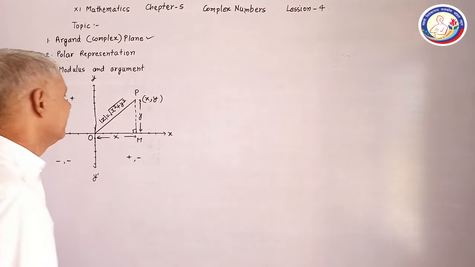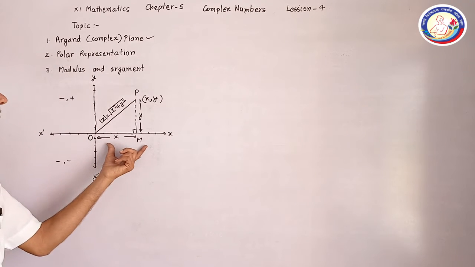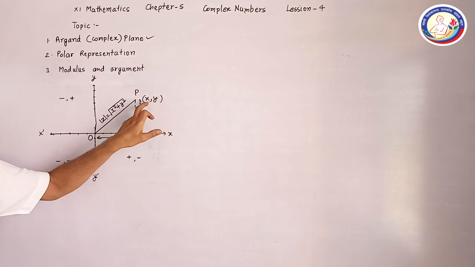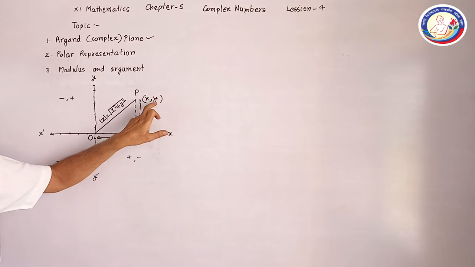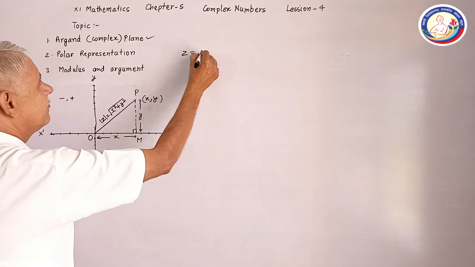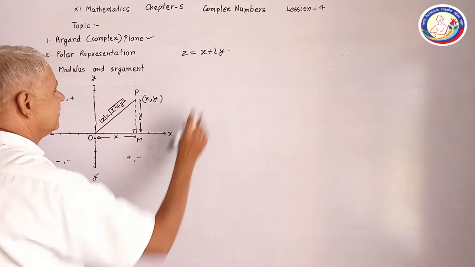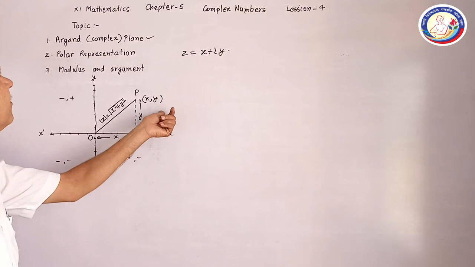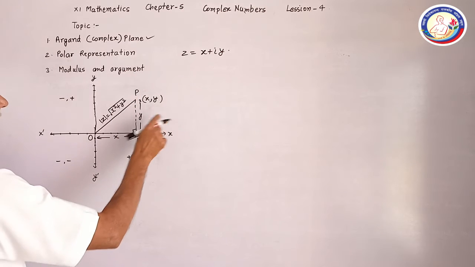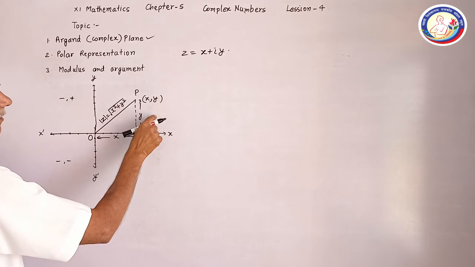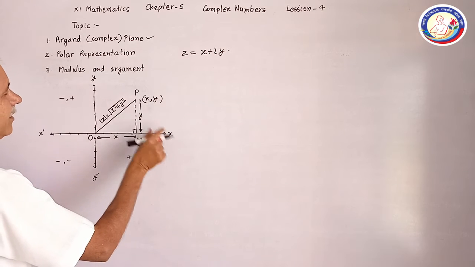This plane, when we represent any complex number by an ordered pair x, y, which is z equal to x plus iota y, is called the complex plane. If x and y are real, then this is a Cartesian plane or a simple plane.